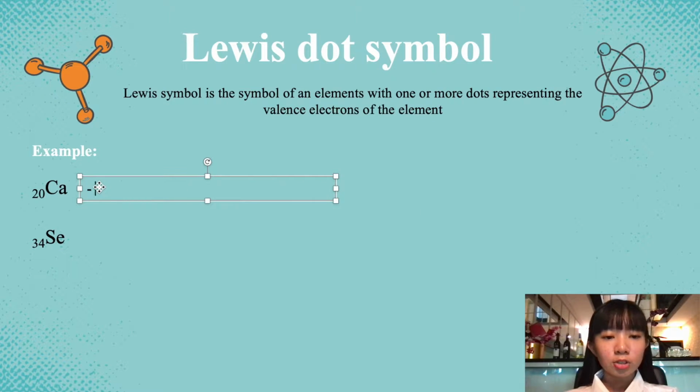The electron configuration of calcium is 2, 8, 8, 2. And we can see that calcium has 2 valence electrons. So we will write down Ve equals 2.